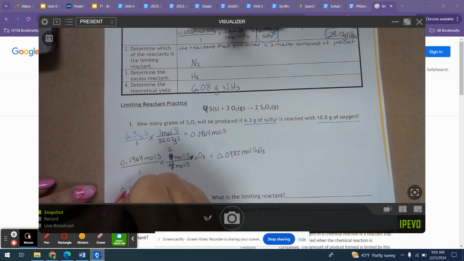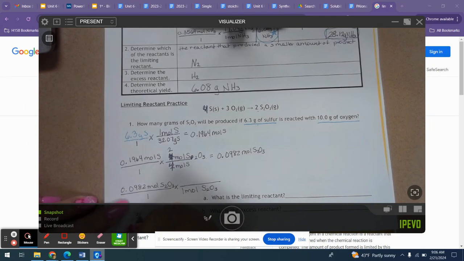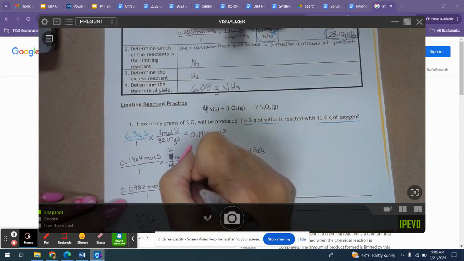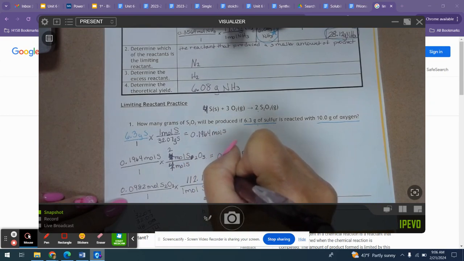Now the last step is to convert moles to grams. So 0.0982 moles of S2O3. We're going to use the molar mass, so 1 mole of S2O3, and I've got to calculate. Sulfur is 32.07, 3 oxygens would be 48, so 112.14 is the molar mass in grams of S2O3.